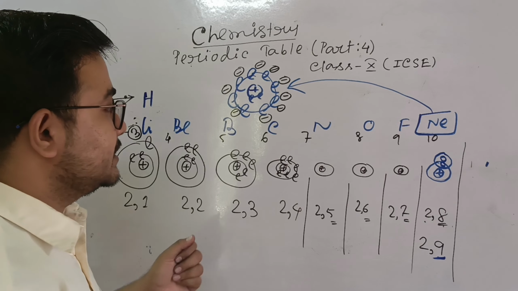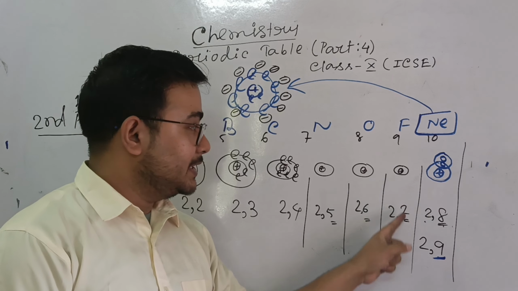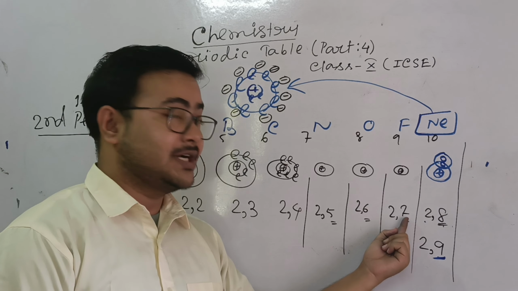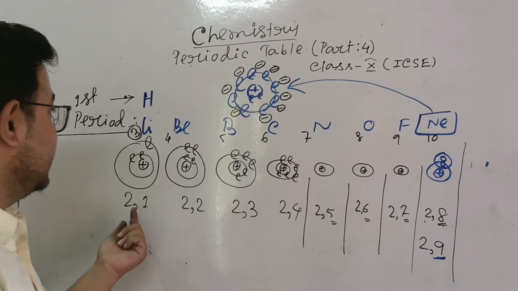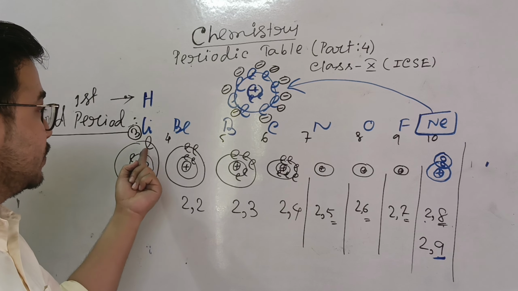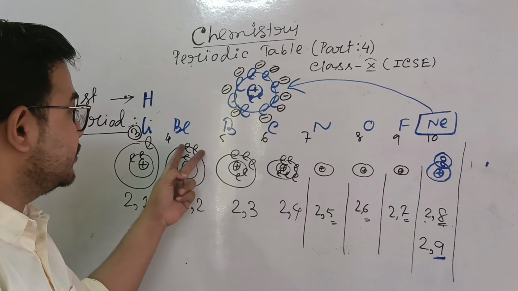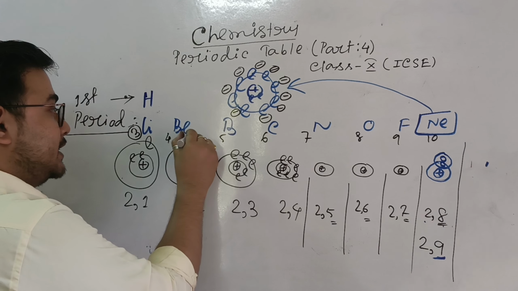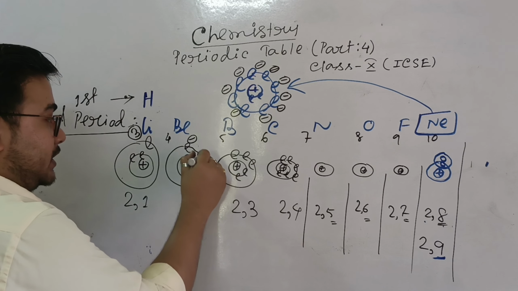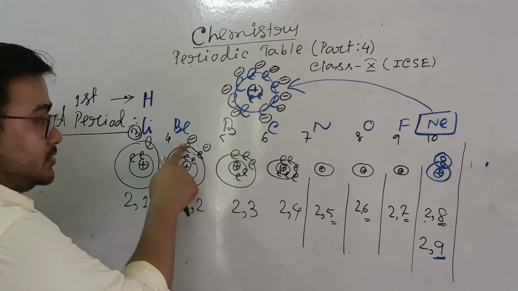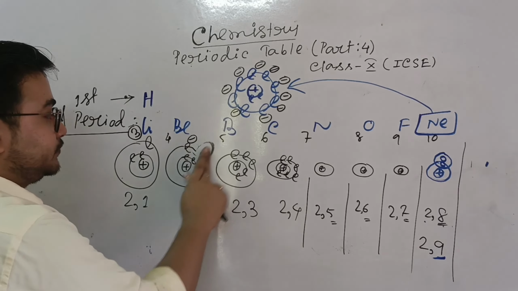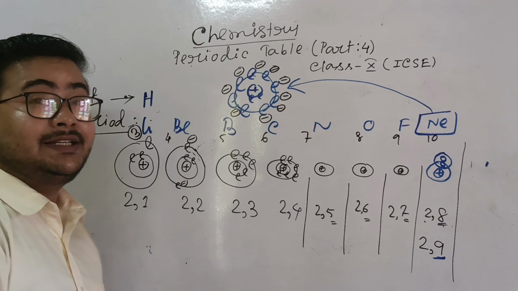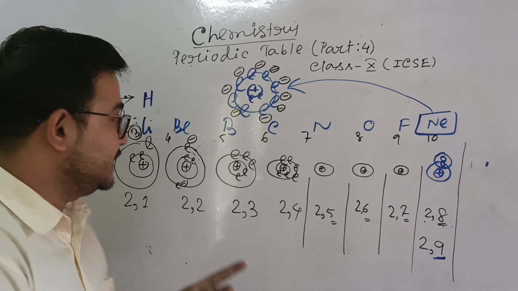Now you can ask me, sir, there may also be repulsion in case of fluorine, because in fluorine also 7 negative charges are there. Yes, obviously repulsion will be there, but see, for 2 electrons there is so much space, so they maintain a certain distance from each other.